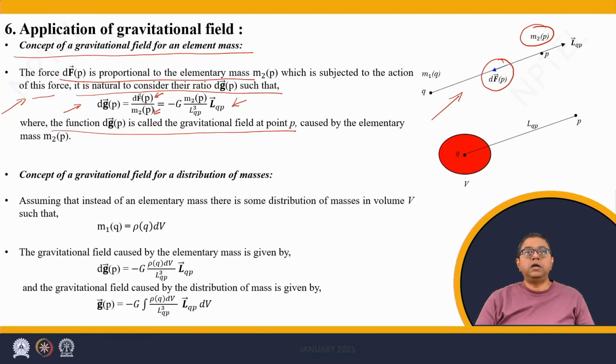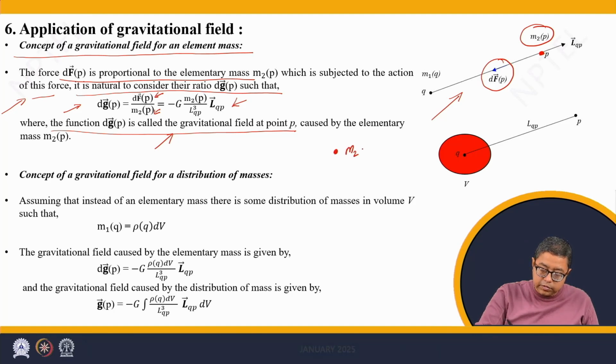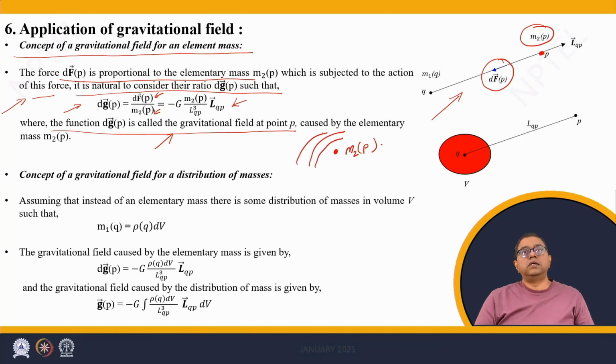This potential is nothing but the gravitational field at point P. This gravitational field is caused by the elementary mass m2p. These are the field lines of the gravitational field around m2p.